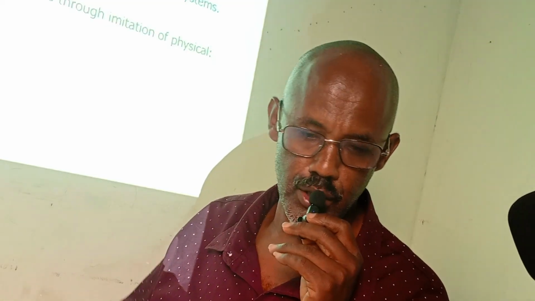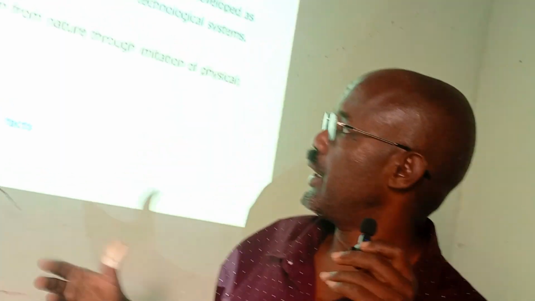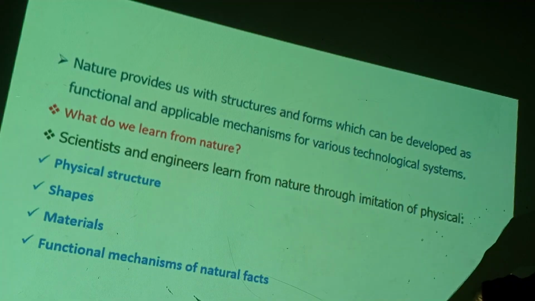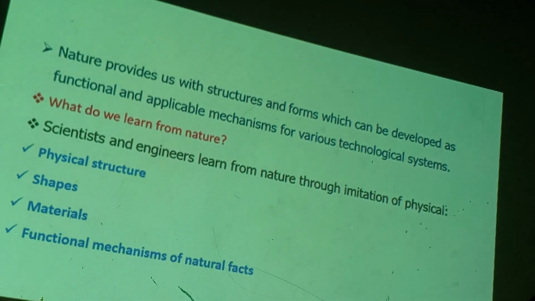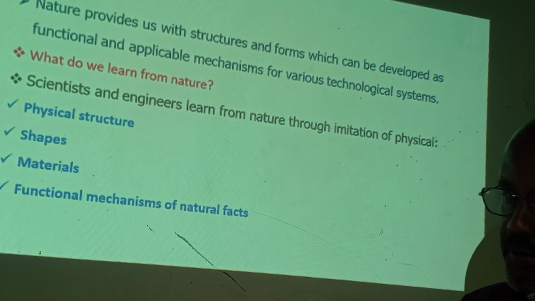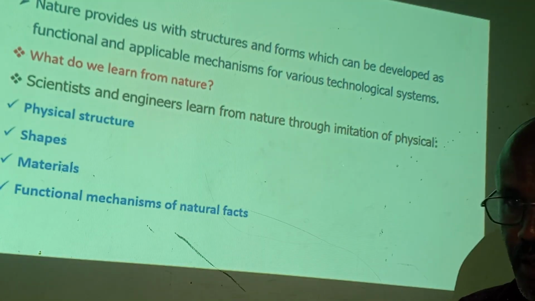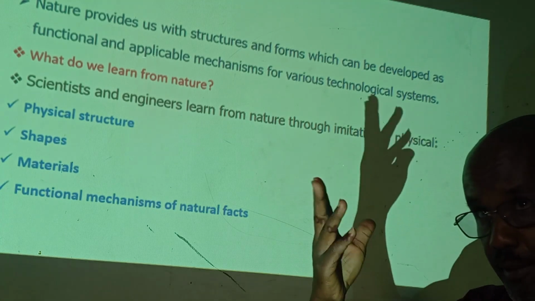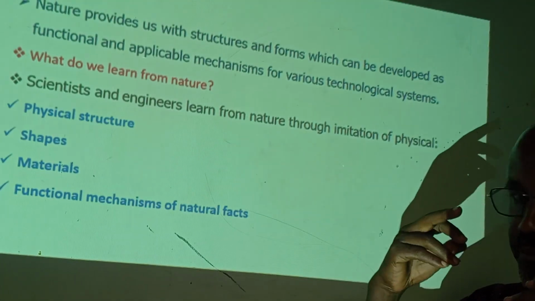There are robots made by studying how bats fly. Birds have inspired scientists in the construction of aircraft, airplanes or jets. Therefore, nature provides structures and forms for technological systems in many different areas: medicine, aerodynamic products like airplanes, and architecture.